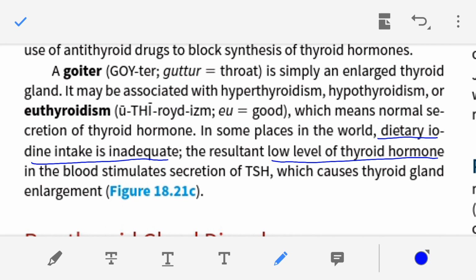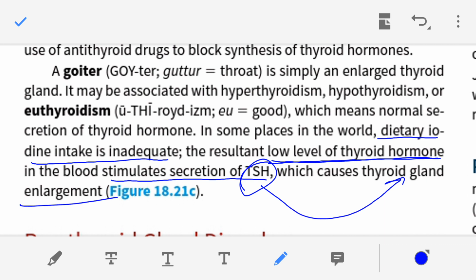The patient is not able to synthesize thyroid hormone. So this low level of thyroid hormone stimulates the pituitary gland to secrete more TSH. And the increased level of TSH causes the thyroid gland to enlarge. Due to the continuous effect of TSH on the thyroid gland, the thyroid gland increases in size in goiter.